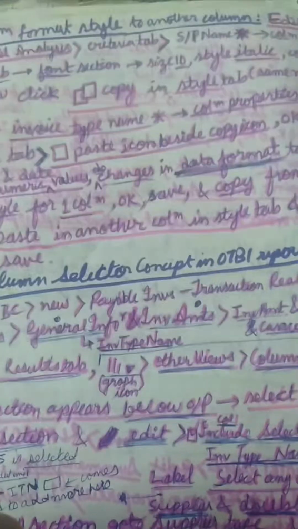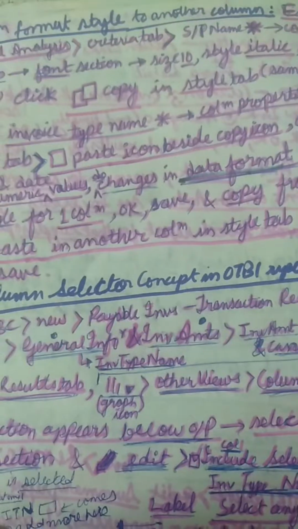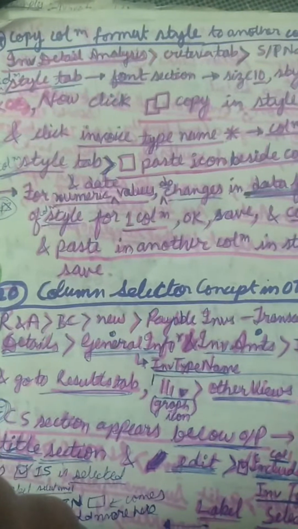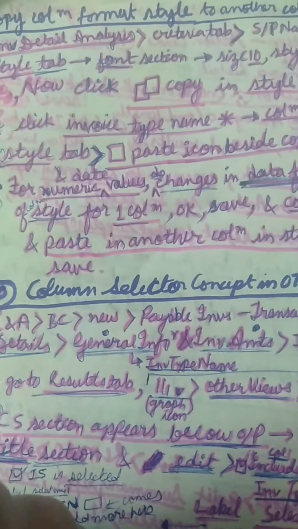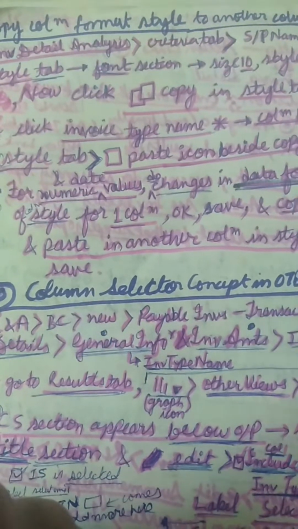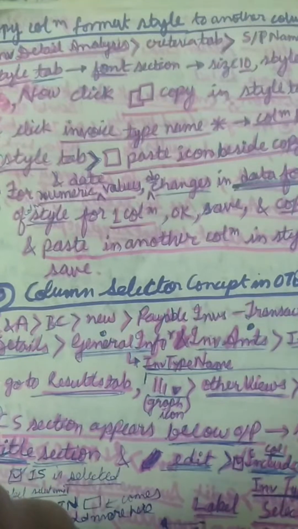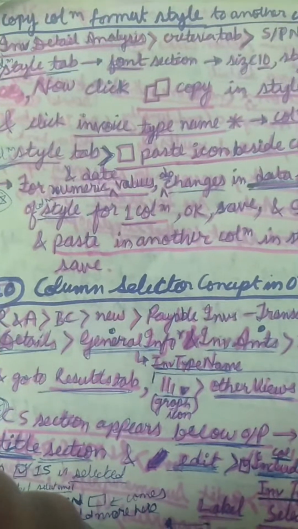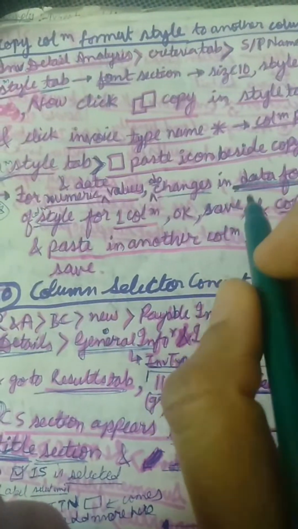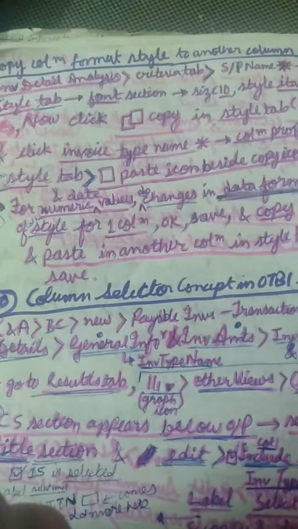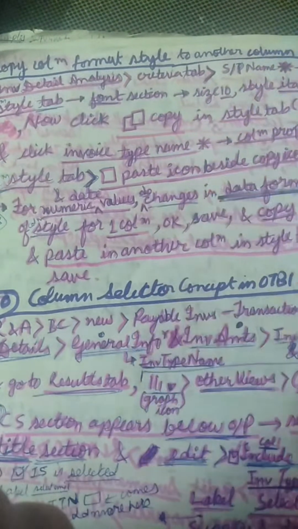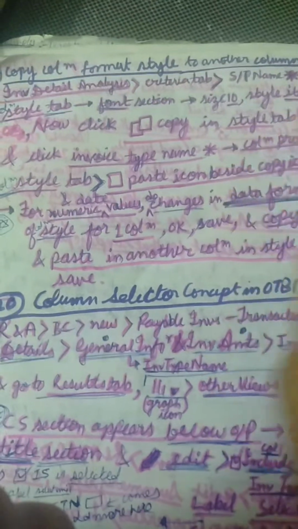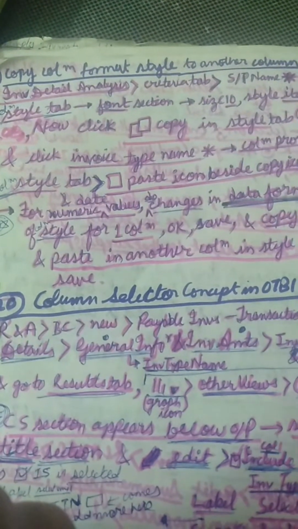It could be any kind of data, like date values or currency, what kind of selector we want, the 1000 separators, or how many decimal places we want. For example, for currency, how you want to show the decimal values, how you want to show the 1000 separators, how you want to show the negative values, and how you want to show the numbers, as numbers or maybe decimal values.